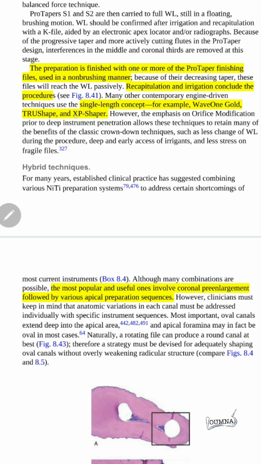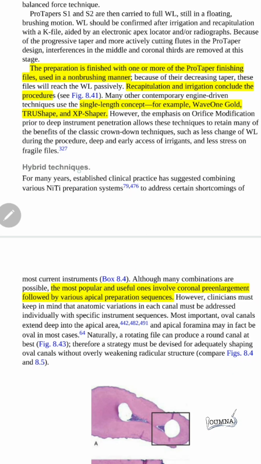They are saying that the X-Shaper, the TruShape, and the WaveOne Gold systems rely on the files all having the same length, which means that they do not have an orifice opener and finishing files with a variation in length. And they are saying that they are getting good results.